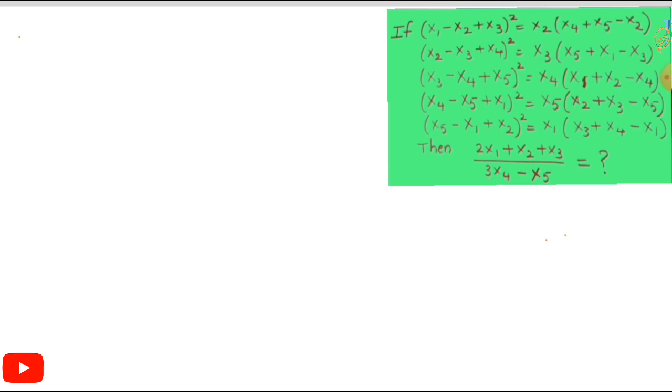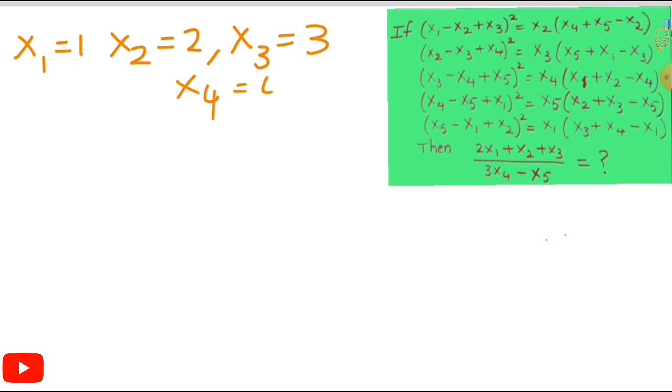For example, if you take x1 equal to 1, x2 equal to 2, x3 equal to 3, x4 equal to 4, then x5 equal to 5. And substitute these in the equations, what do you get? So x1 is 1, so you write 1 minus x2, which is 2, plus x3, which is 3, whole square.